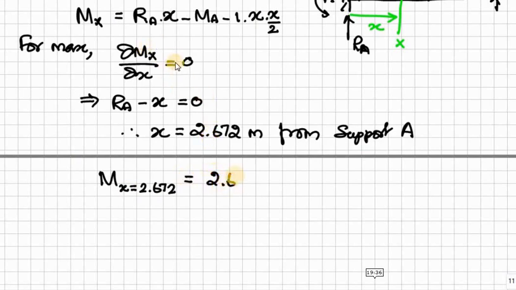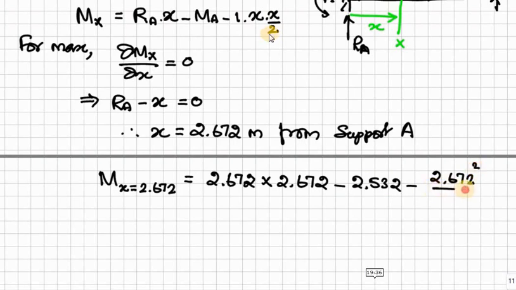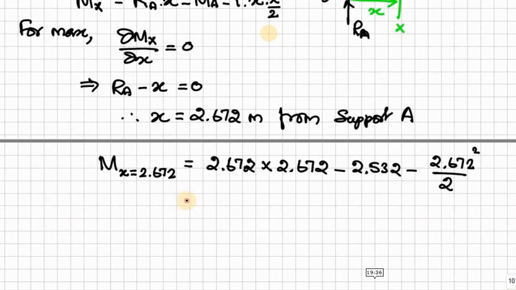So RA is nothing but 2.672, X is nothing but again 2.672, minus MA, okay, 2.532, then minus 2.672 into 2.672 divided by 2. So which is equal to 1.064 kilonewton meter.